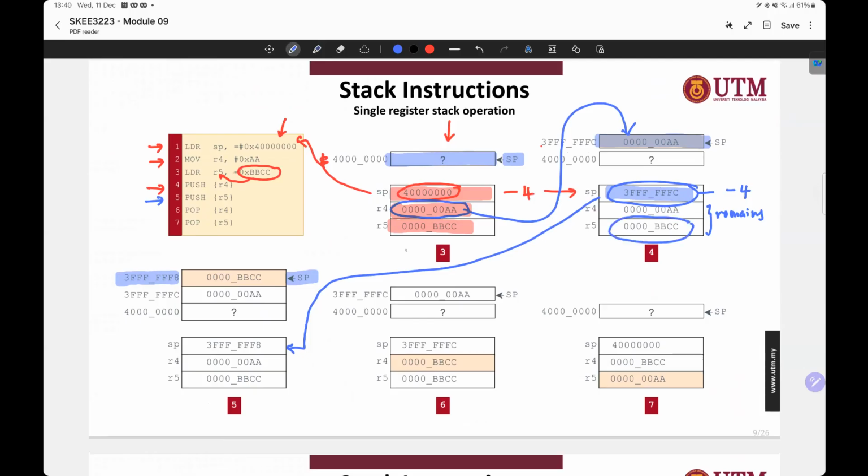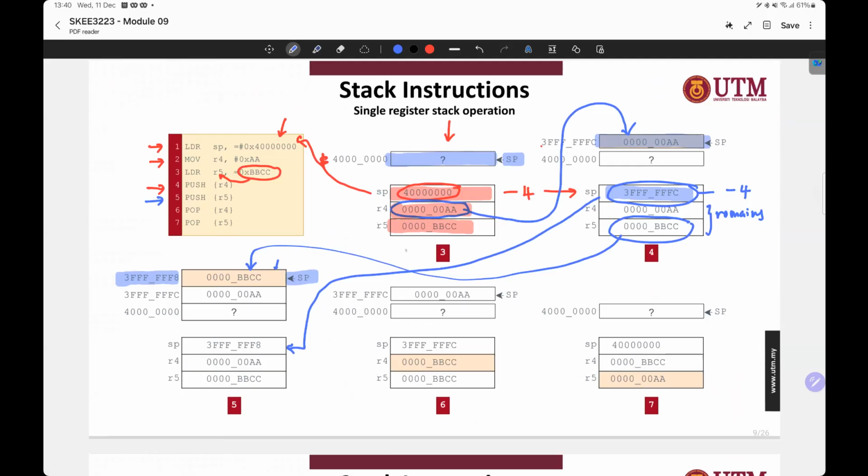So this is the R5 value. You're going to push it to this location, 3FFFFFF8. So that's why you can see at this address you have BBCC. This is after you execute line number 5.